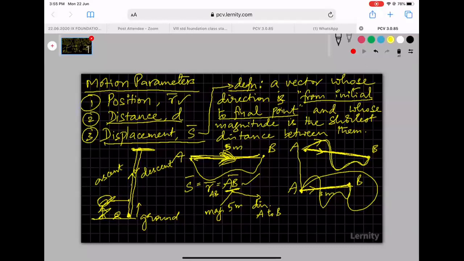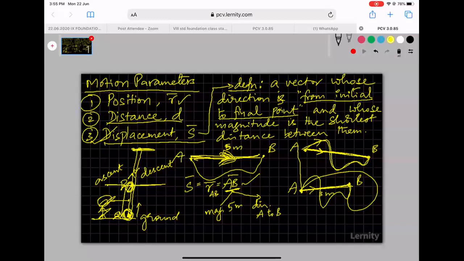During its ascent, it might cross a point called P. Let us say some random point P. If you are studying the motion of the object and want to understand the displacement when it reaches P, the magnitude is this distance, the straight line distance from ground to P. The direction of displacement here is upwards, because this is the initial point and this is the final point.